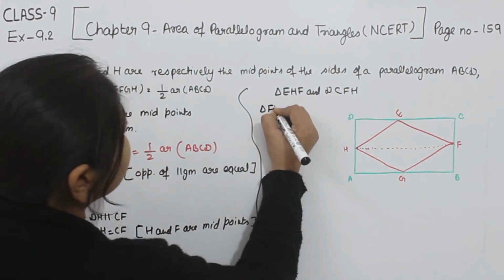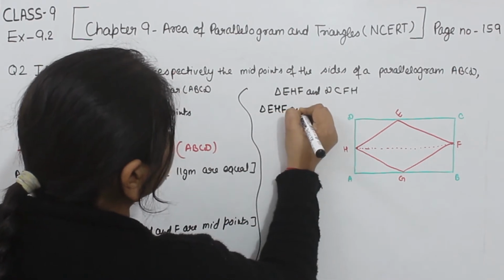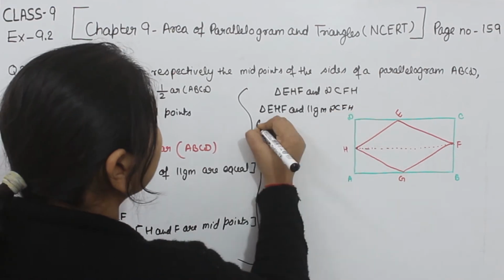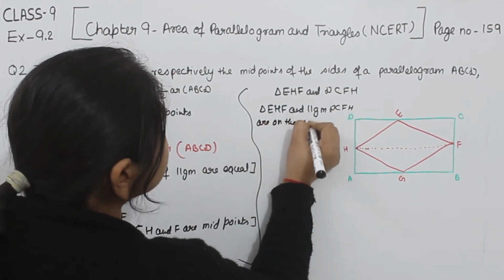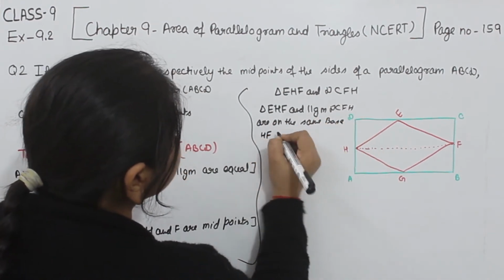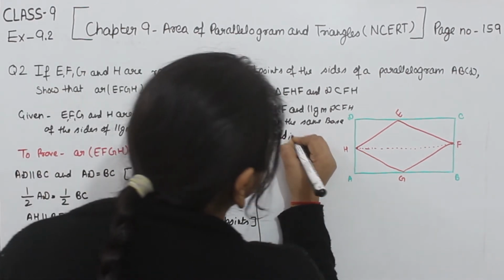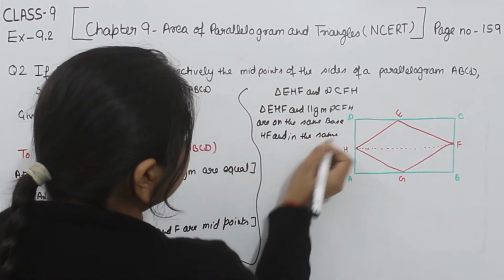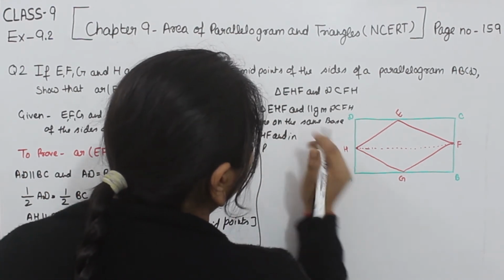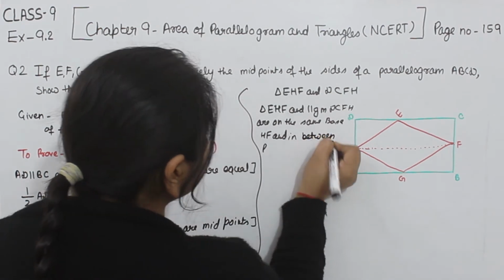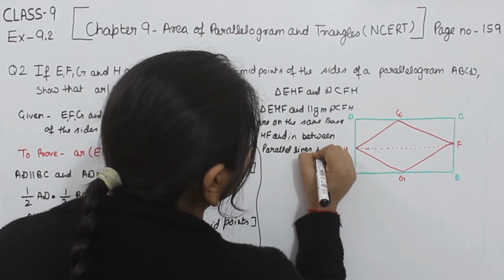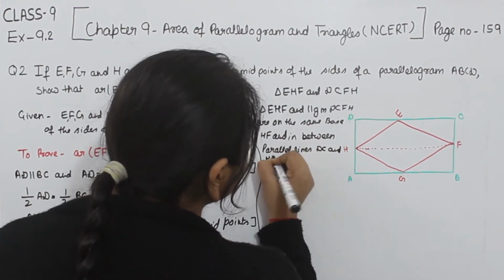Triangle EHF and parallelogram DCFH are on the same base, that is HF, and in between the same parallel lines DC and HF.